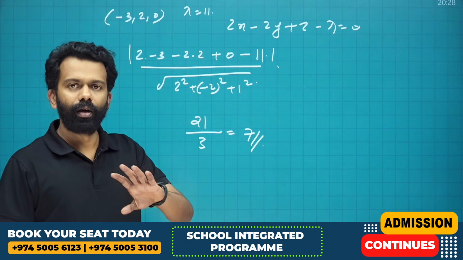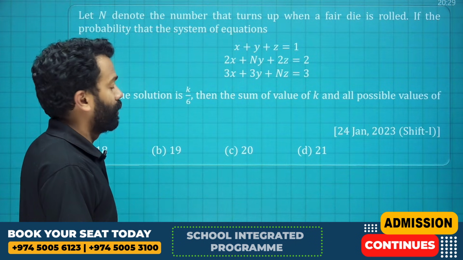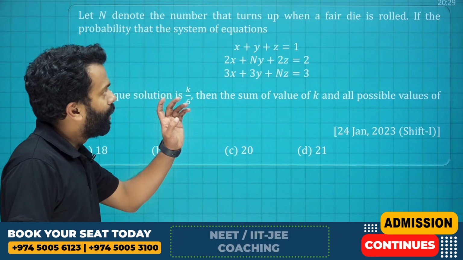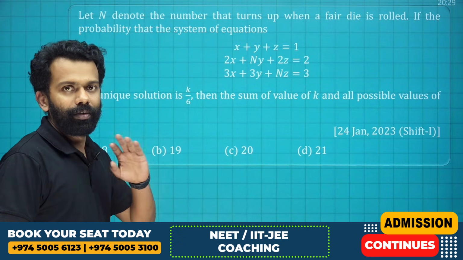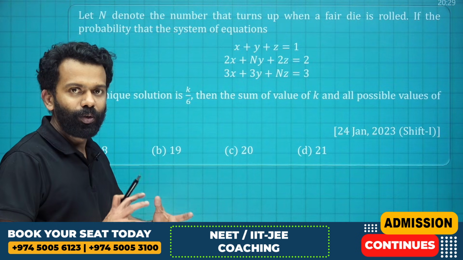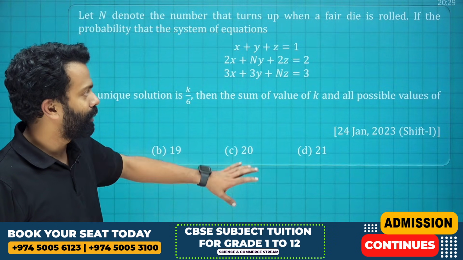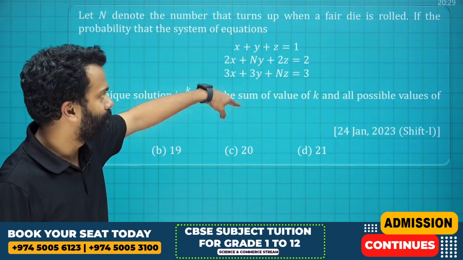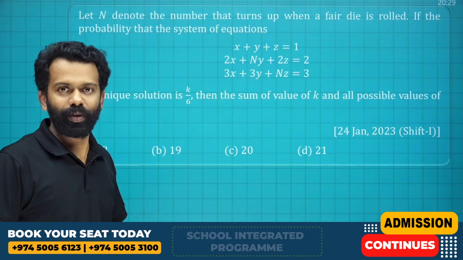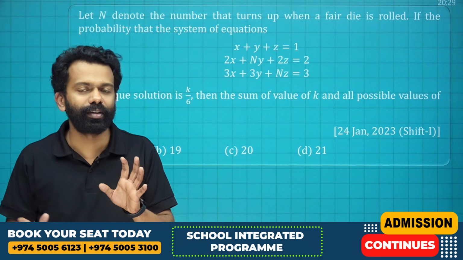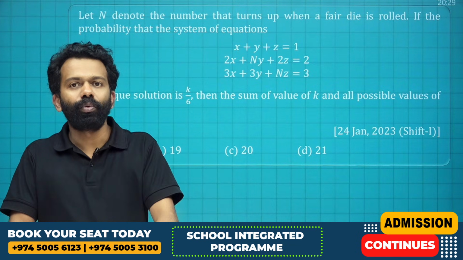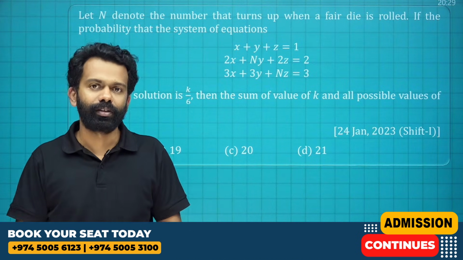Okay, next one. Told you, possibly they will assemble or integrate as many topics as they can over here. Here they have assembled a question from probability and determinants. It's a very easy question, but if a student doesn't know probability, he might not be able to answer the question.